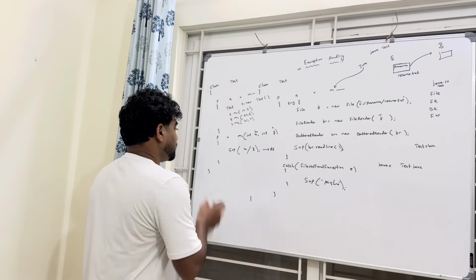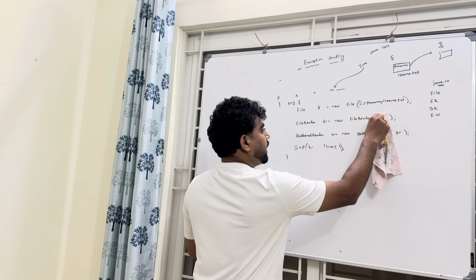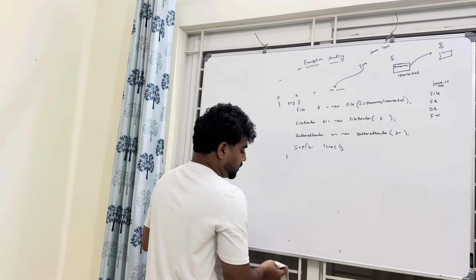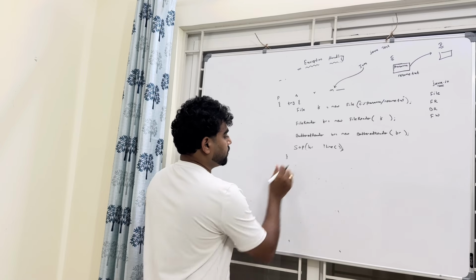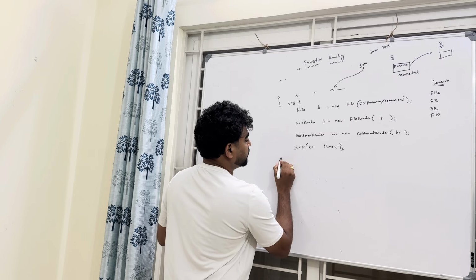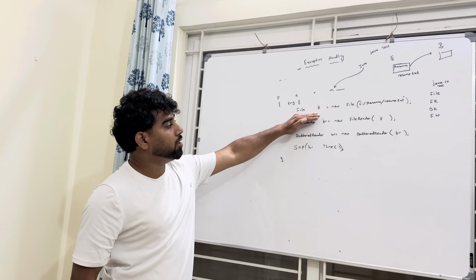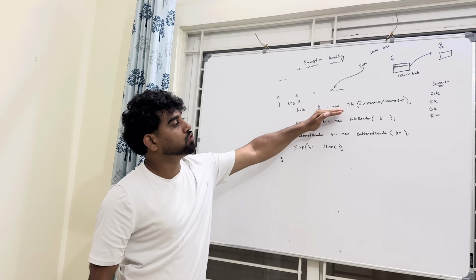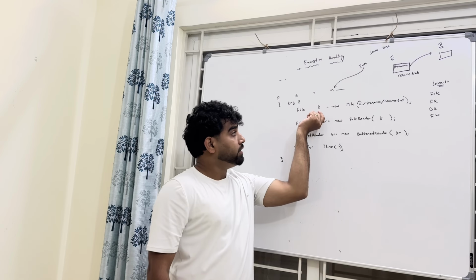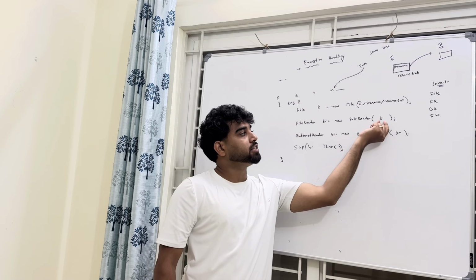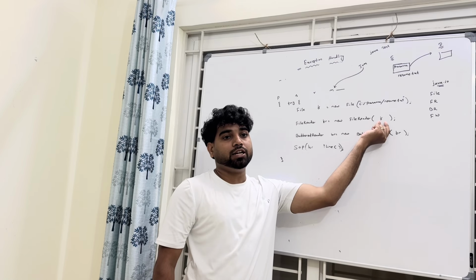Okay, one more thing I can tell here. What am I doing here? If you see, how am I performing this file operation? File f is equal to new File, right? And this file object I am passing to the constructor of the FileReader itself or not?